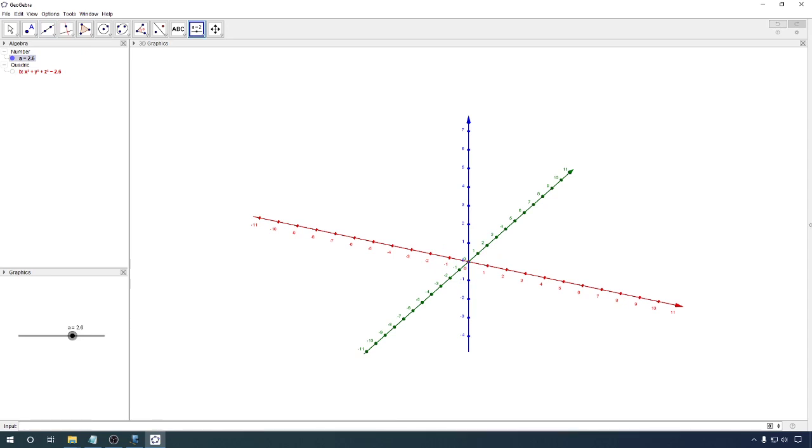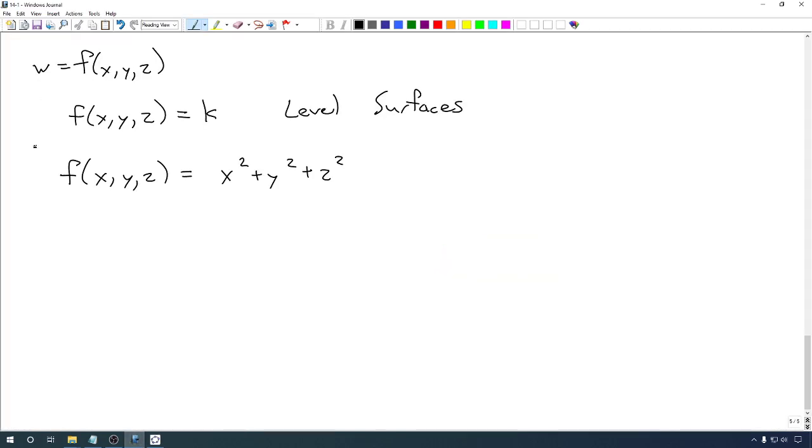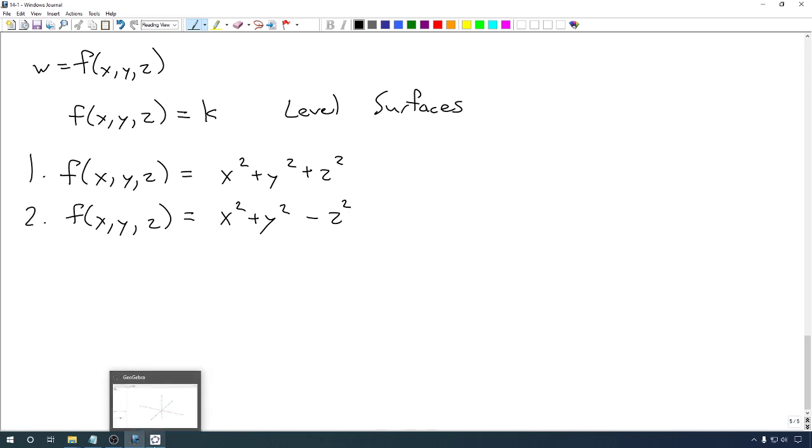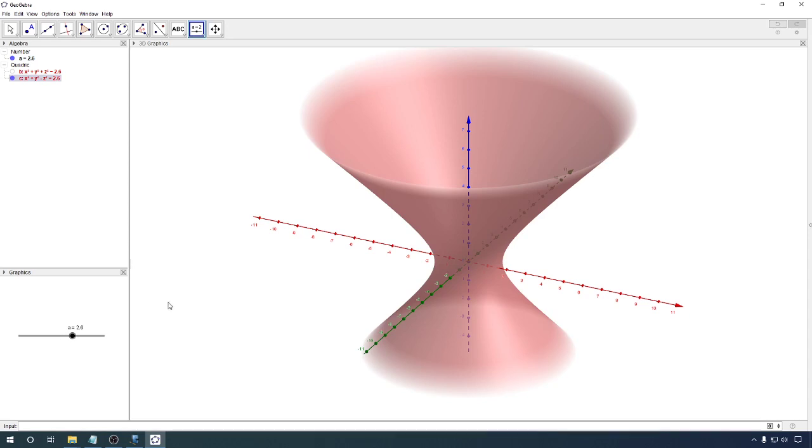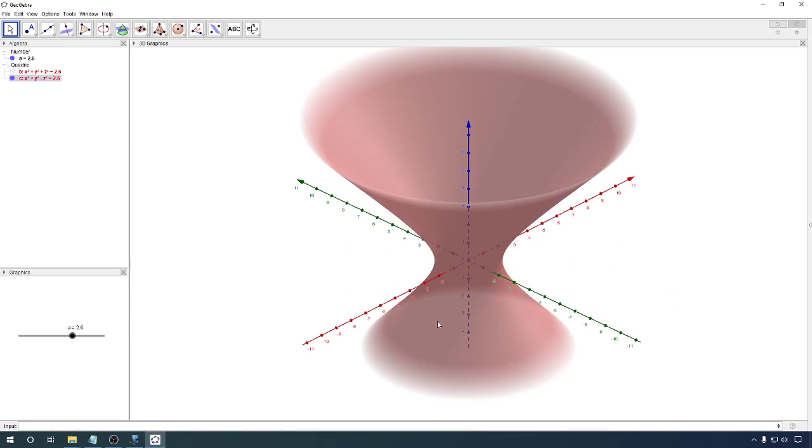What if we look at a slightly different one? So here, this was our first example. If I put in, say, f of x, y, z is equal to, let's say, x squared plus y squared, but now minus z squared. Let's see what that one looks like. Or at least we'll see what the cross sections look like, these level surfaces. So x squared plus y squared minus z squared is equal to a. And we can see that what we get is a hyperbolic paraboloid.